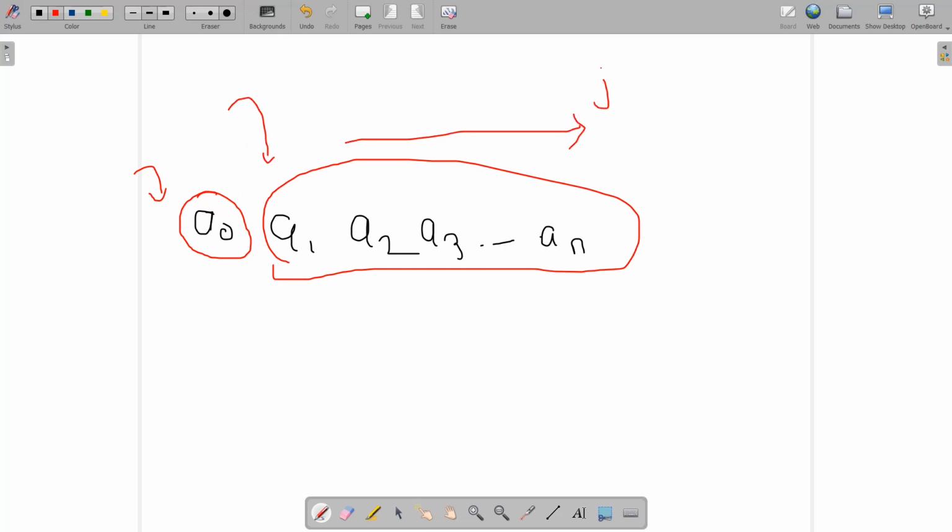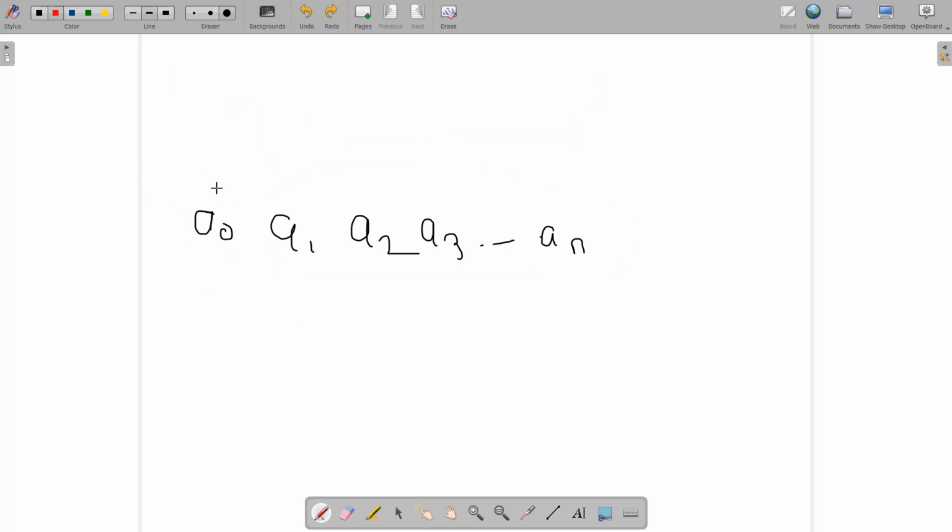Let's say this is the range i to j, then i plus 1 up to index j is the score if he or she picks up this stone, and if he or she picks up this other stone, the score received is a0 up to a of n minus 1. Okay, so let's move further.